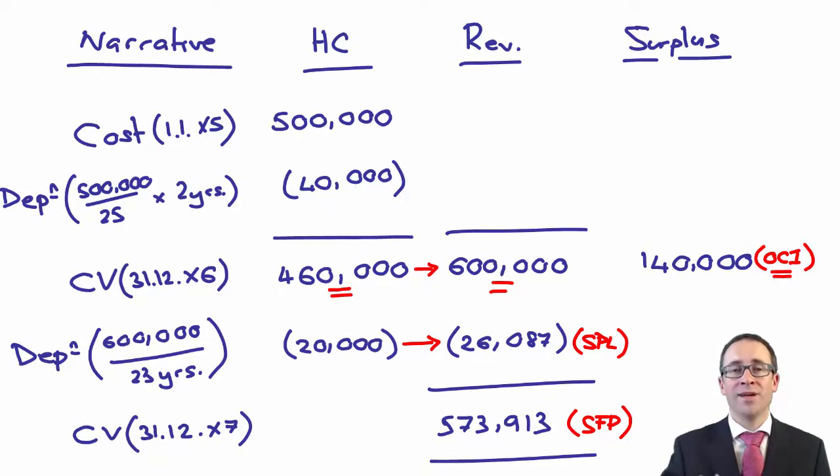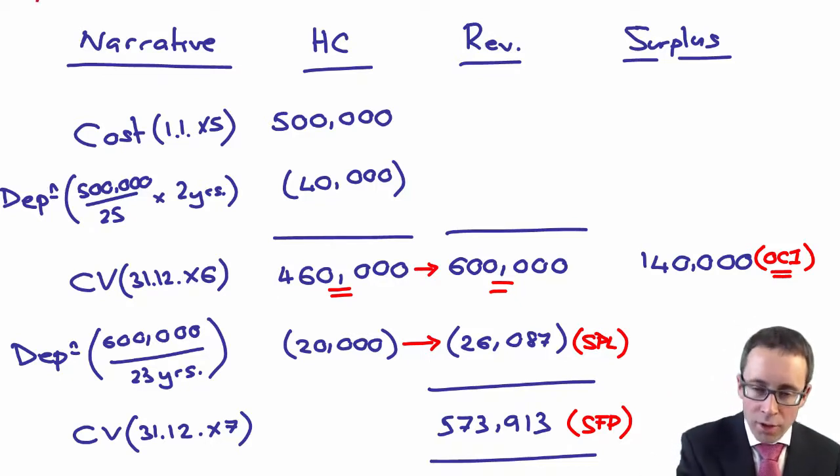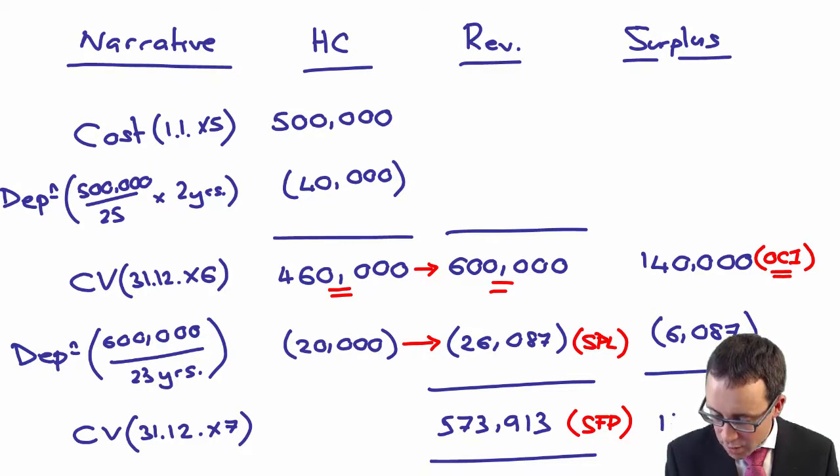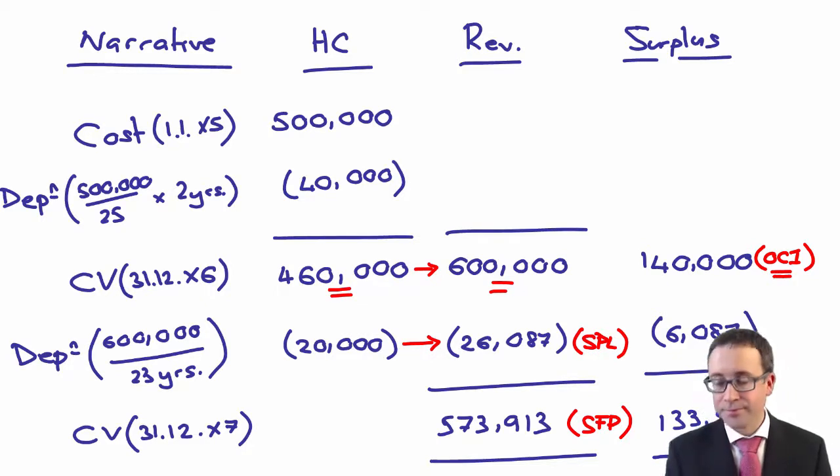That profitability feeds into retained earnings, which is a distributable reserve. So essentially it's reducing my distributable profits. Now this revaluation surplus is not distributable. Okay, so what you've got there is the excess depreciation is 6087, which gives me my surplus at the end of the year as 133,917.